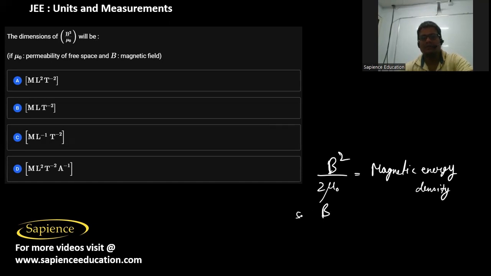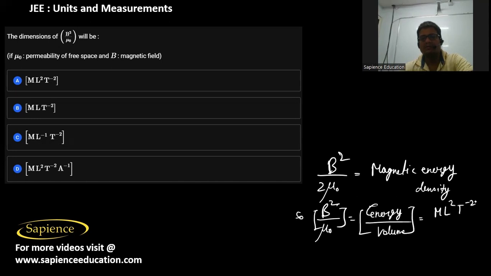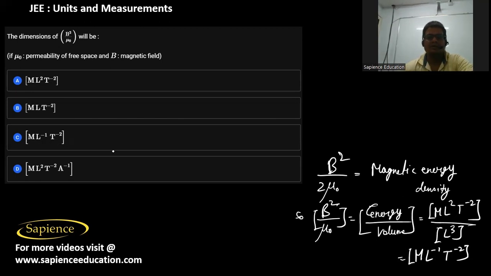So B squared by mu naught will have the same dimension as that of energy by volume. So energy is M L squared T power minus 2, which is the dimension of energy, and the dimension of volume is L cube. So if we solve it, then we will get M L power minus 1 T power minus 2. So option C is the correct answer.